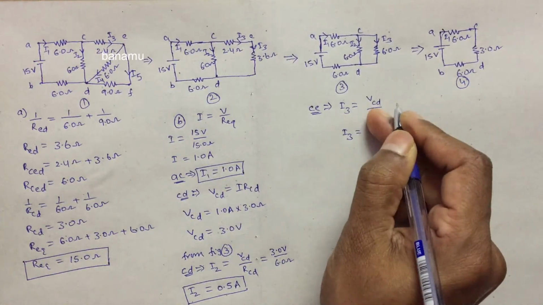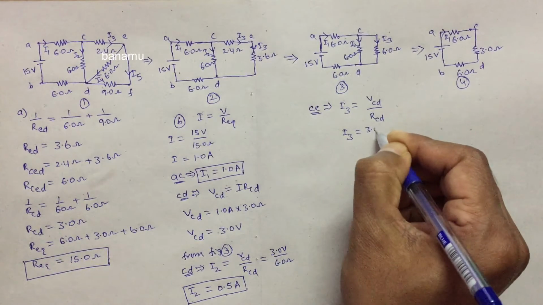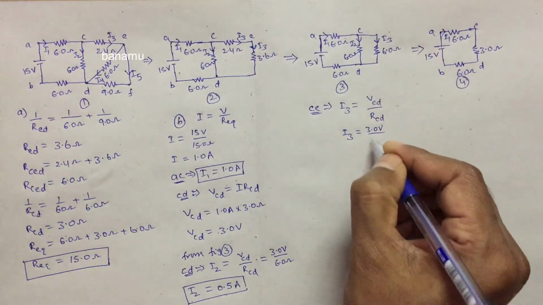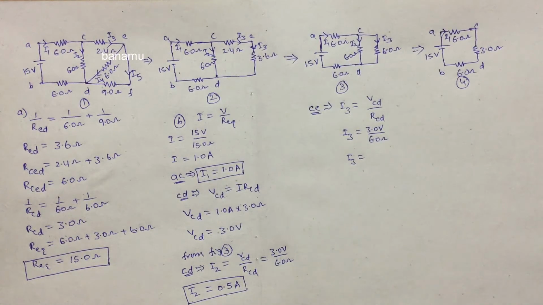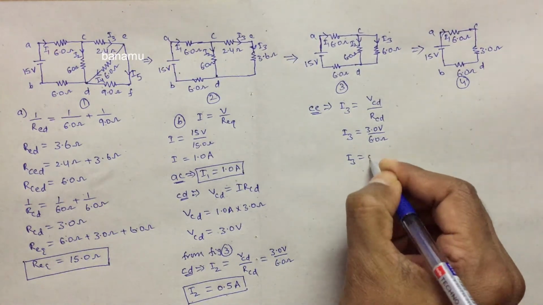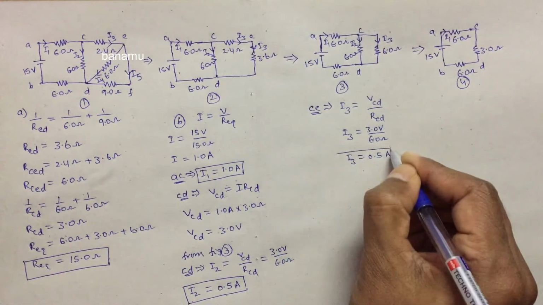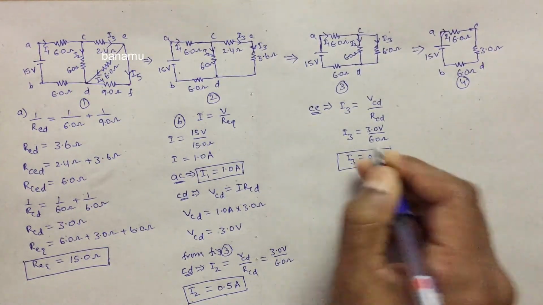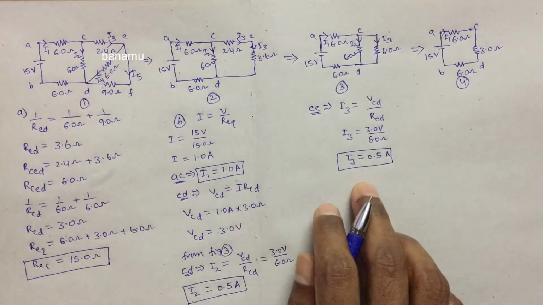The value of VCD is 3 volts and the resistance is 6 ohms. So I3 is equal to 3 by 6, which is equal to 0.5 amperes. This is the current through CE between the points.